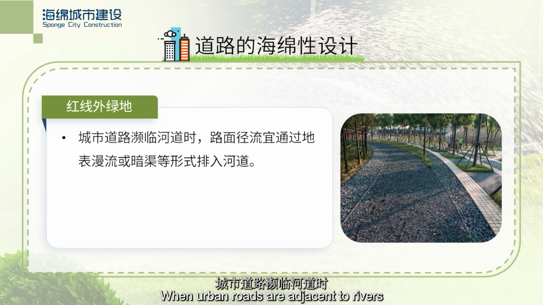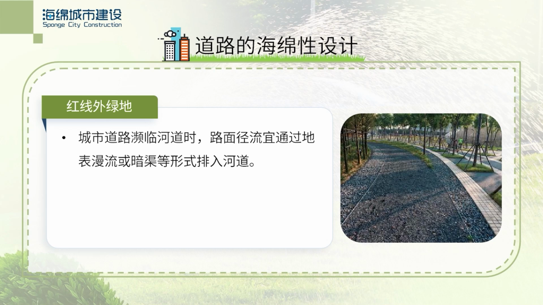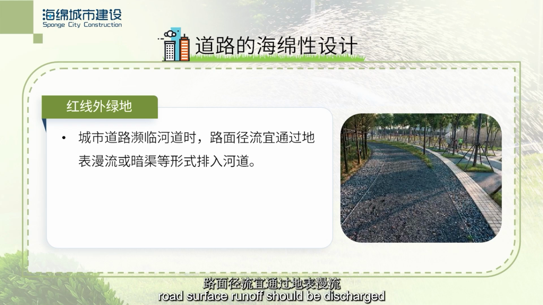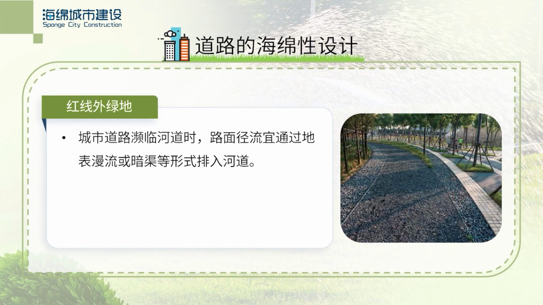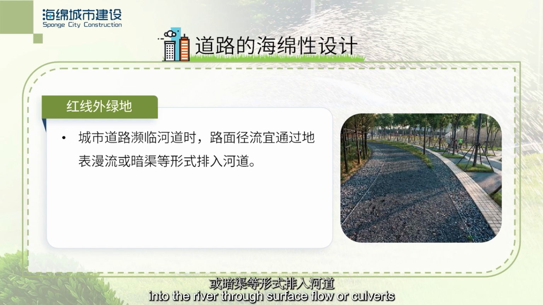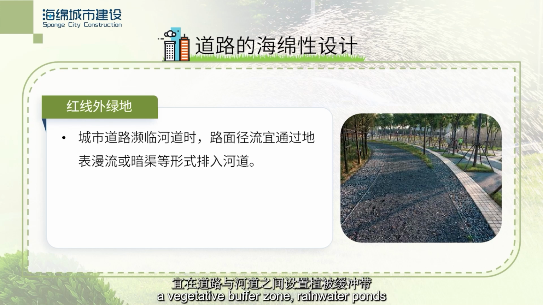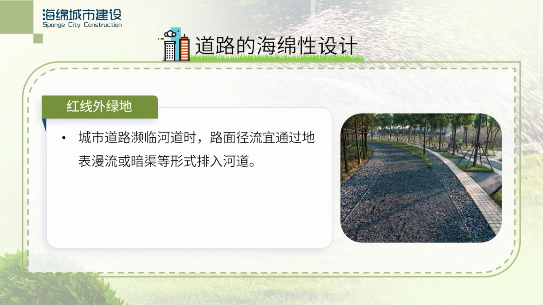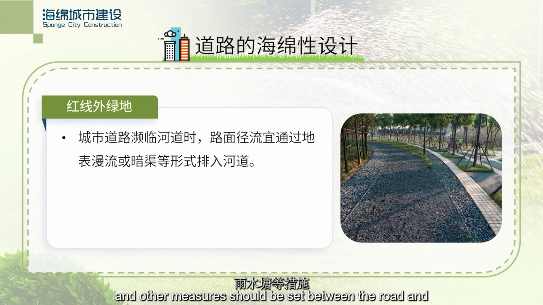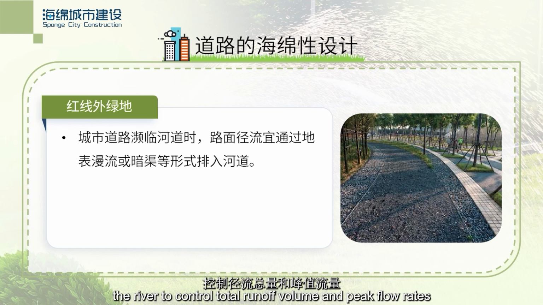When urban roads are adjacent to rivers, road surface runoff should be discharged into the river through surface flow or culverts to prevent water pollution and riverbank erosion. A vegetative buffer zone, rainwater ponds, and other measures should be set between the road and the river to control total runoff volume and peak flow rates.